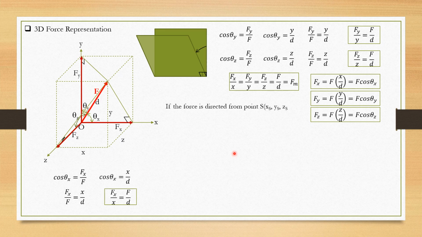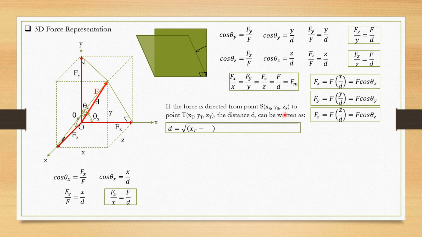So if the force is directed from point S, the starting point of the force, where the tail is located, with coordinates xs, ys, zs, to point T, the terminal point, xt, yt, zt, the distance d can be written by simply replacing x with x terminal minus x starting quantity squared, plus y terminal minus y starting quantity squared, plus z terminal minus z starting quantity squared.